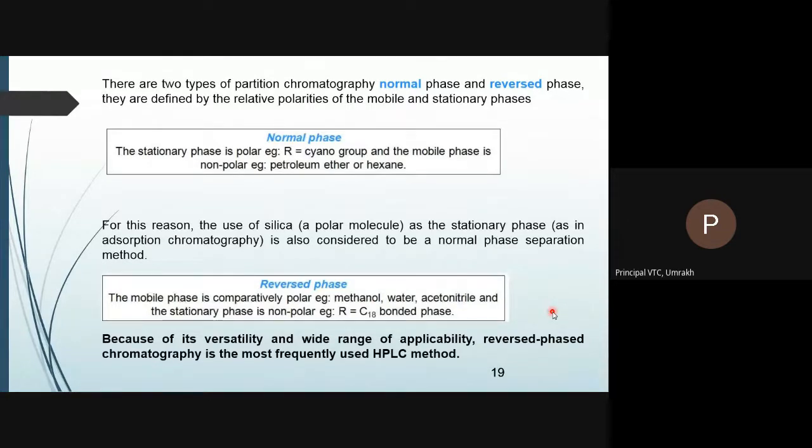An analyte which is soluble in this kind of mobile phase will be eluted out of the HPLC system. So in HPLC, reverse phase chromatography is most commonly used.